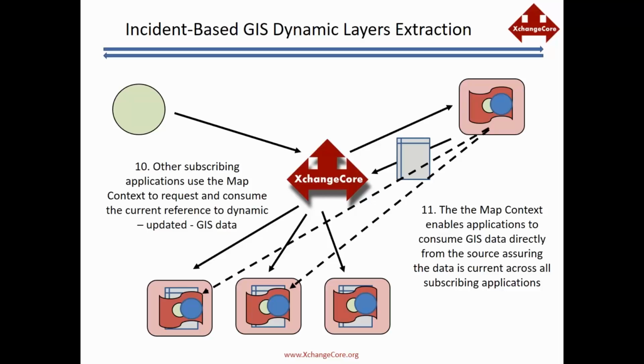So everybody now has the same information at the same time that has been improved in a two-way flow, thus turning that static GIS layer into a dynamic layer that is being improved by any one or now perhaps all of these different applications.